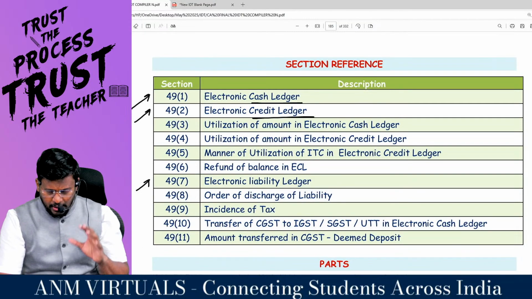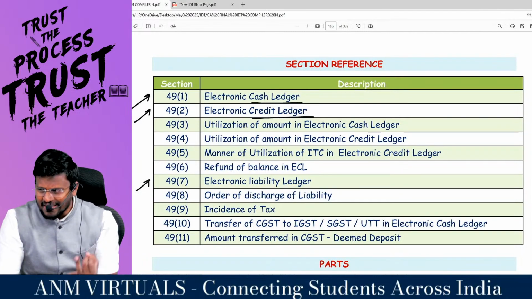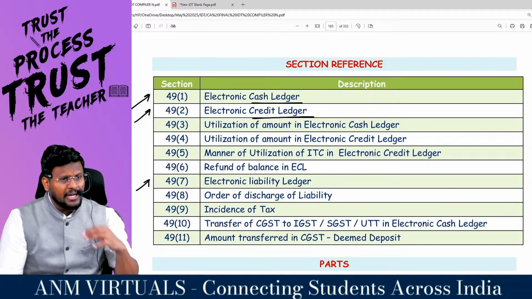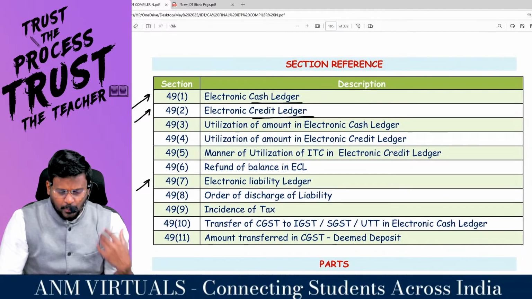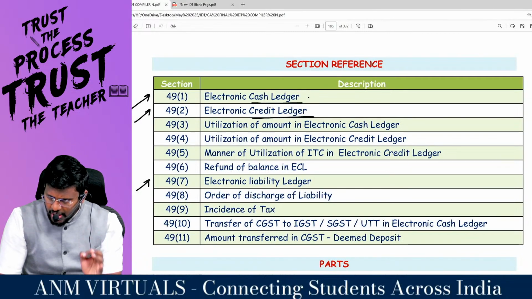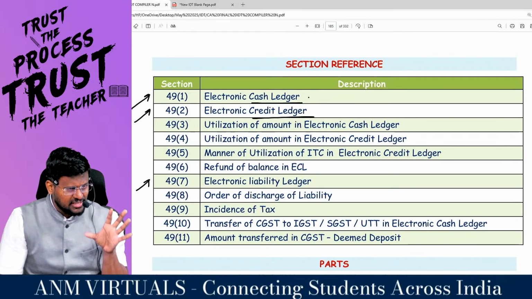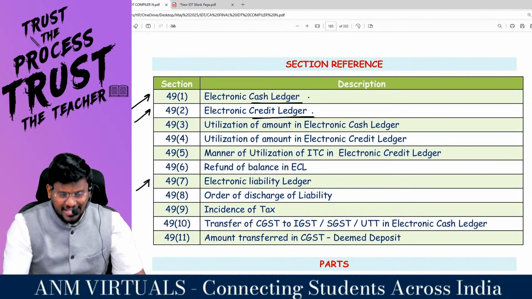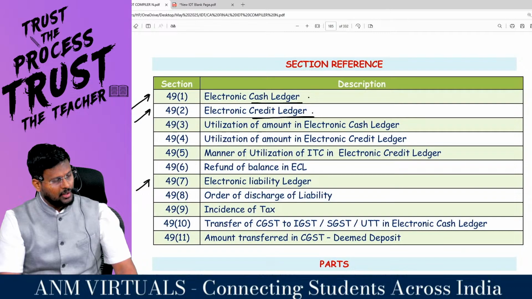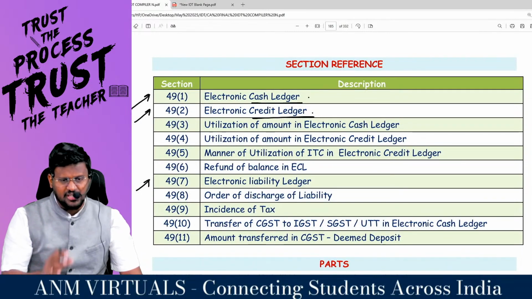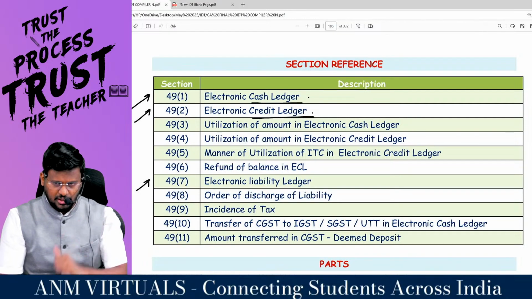So by using debit card, credit card, online banking or cash deposit, we deposit money with the government, and that goes into the electronic cash ledger. When we purchase, we pay GST, which is an asset that goes into the electronic credit ledger. So balance will be available in the electronic cash ledger and electronic credit ledger.